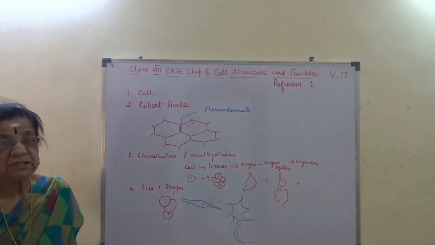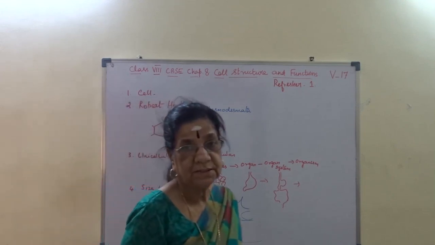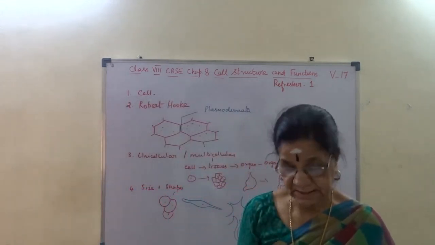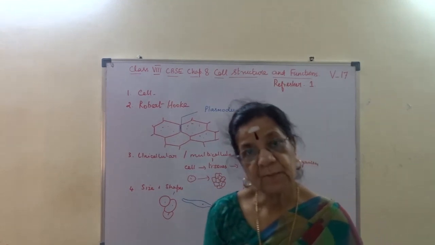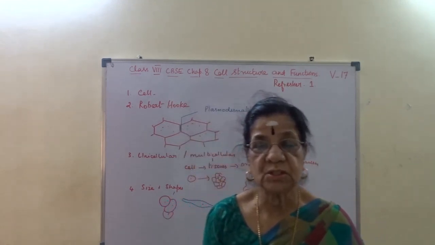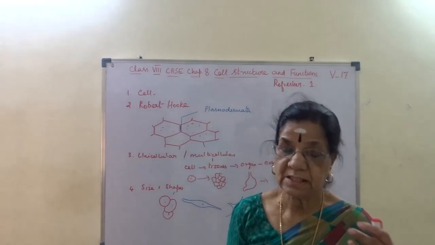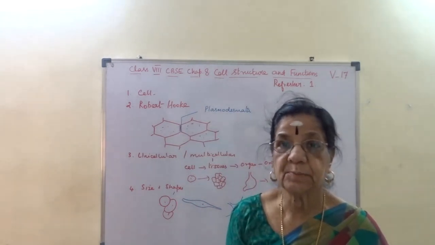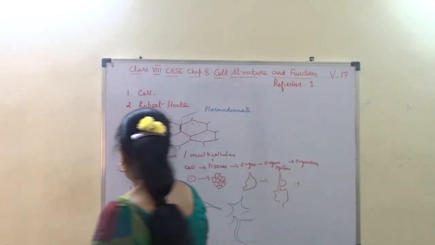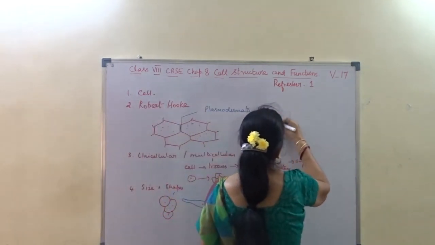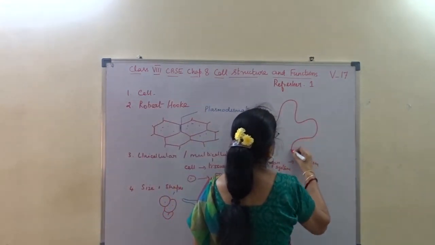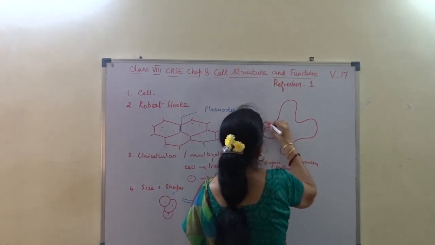Right? Now, the shape of the cell, again, it may vary, but in our textbook, it is said that amoeba changes its shape often, because amoeba, as we know, in amoeba structure, I hope you remember.